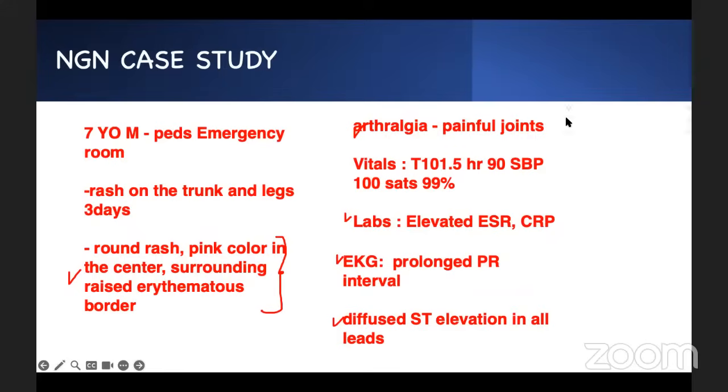All of a sudden, he saw the kid on the bed with rapid, irregular, involuntary movements of the arms and legs, trunk movement.